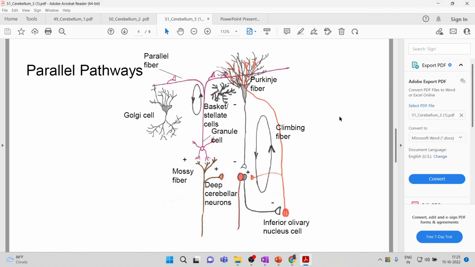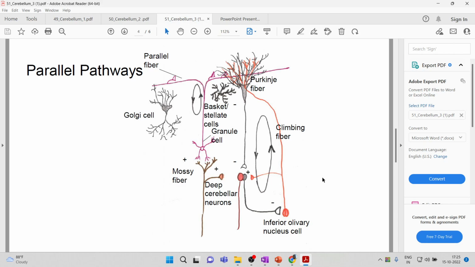In the granular layer, we have these granule cells. It's estimated that more than 50% of the cells in the central nervous system are accounted for by the cells in the granule layer. So there are billions of granule cells in this particular layer of the cerebellum.